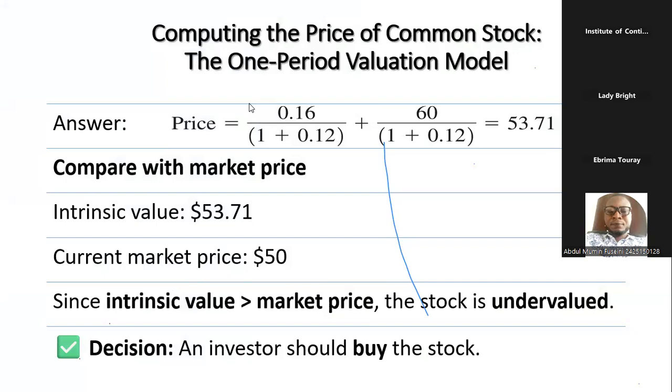Thank you very much for participating. So we have our value or the price of the bond as 53.71. When we compare it to its current price of 50, we see that the bond has been undervalued, and so we buy. Thank you very much. We buy.